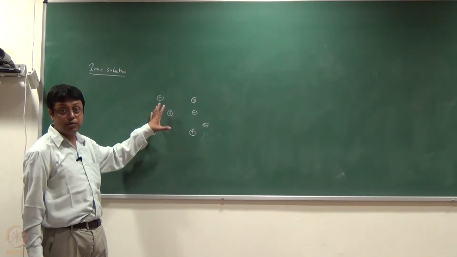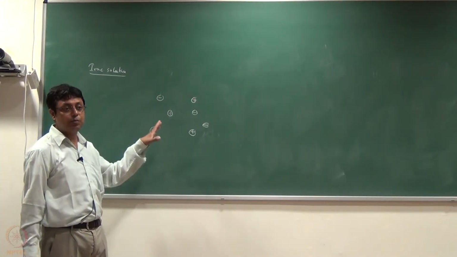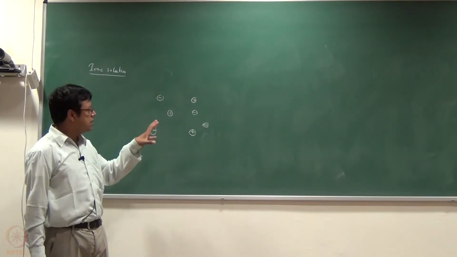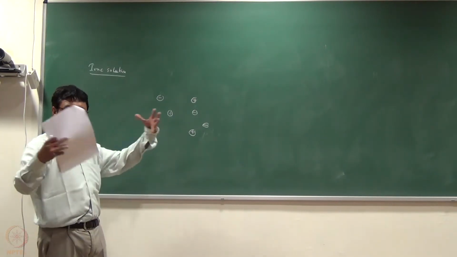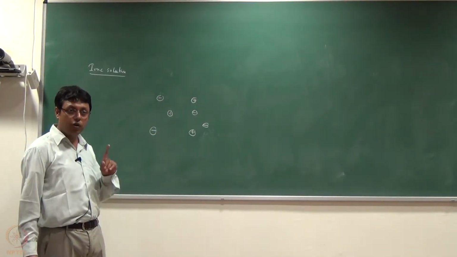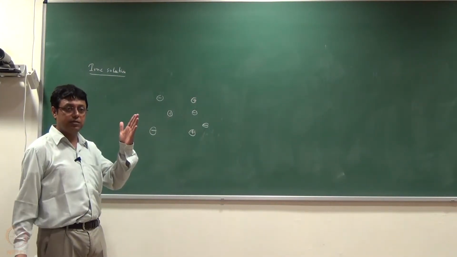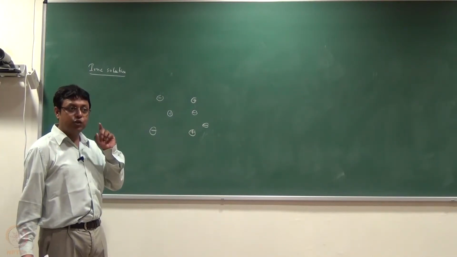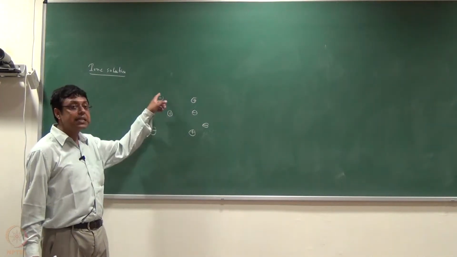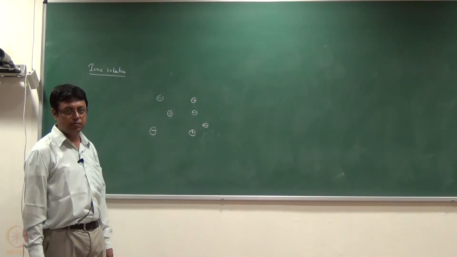This is a snapshot in the sense that in the next minute everything will have changed because they're moving around. But on average, the number of cations entering the sphere and the number of anions leaving the sphere will be the same. And not only that, if I take a sphere of some fixed length, on average I should encounter one excess anion around the cation, because the solution has to be electrically neutral.